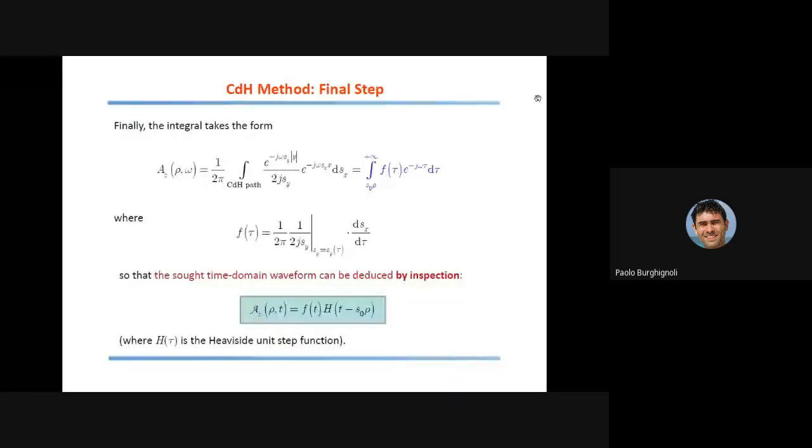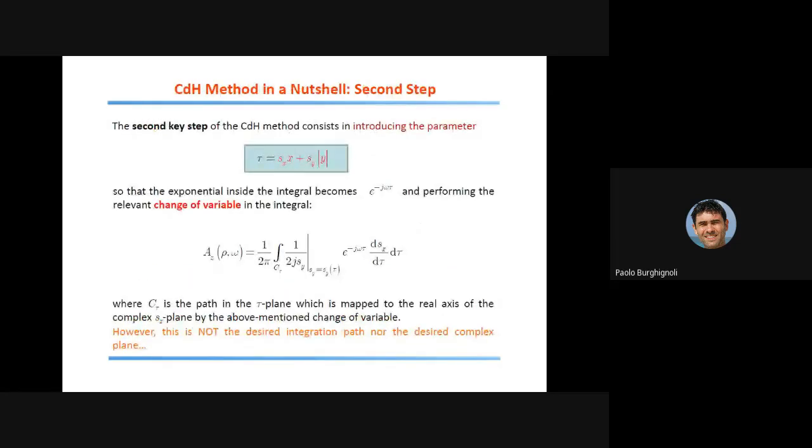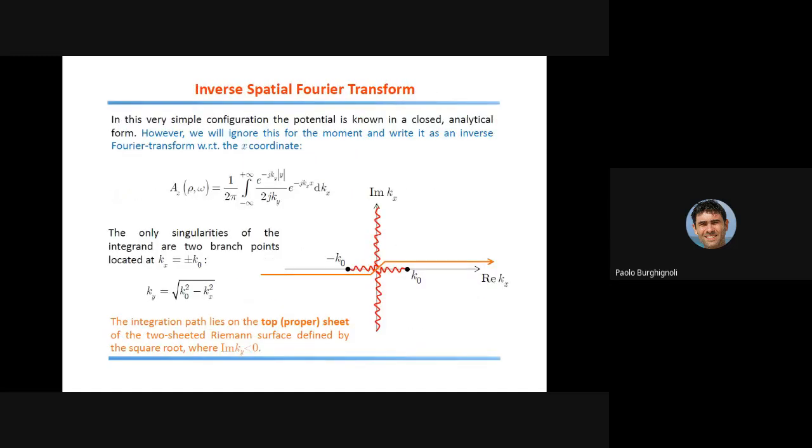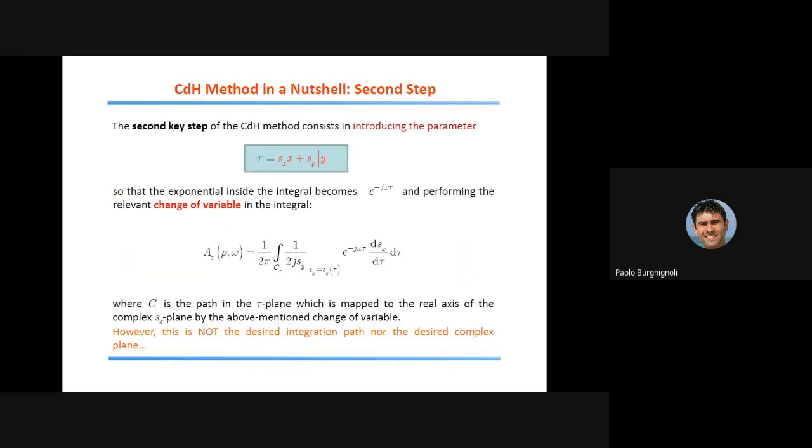Okay, so basically, as we have seen, this Cagniard-de Hoop method saves you from the need of performing a double integration, because it starts with an integral representation of the frequency domain waveform and transforms this single integral, which is a spectral integral, into a time domain integral with respect to this new time variable tau.